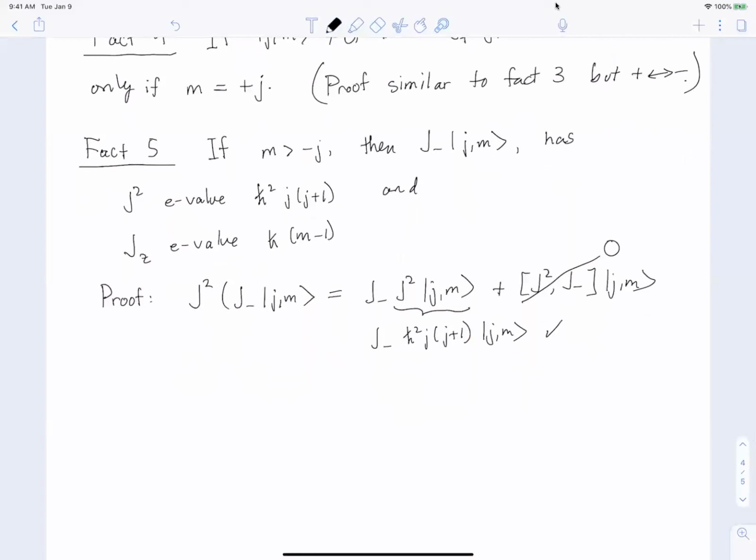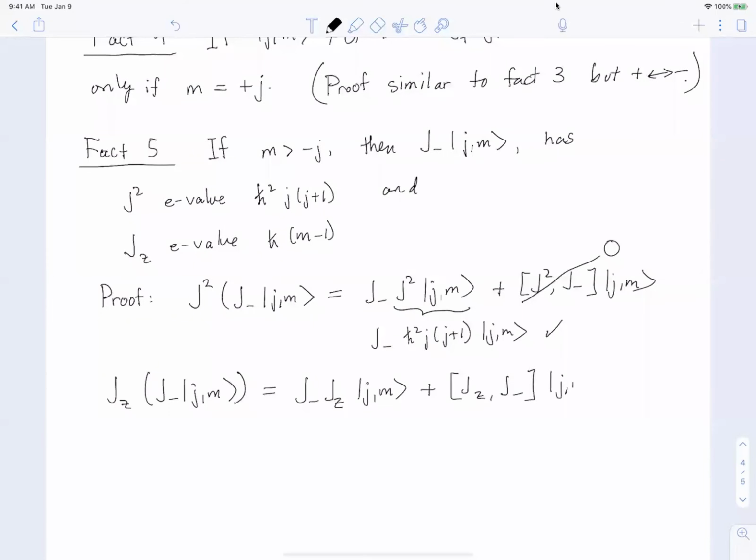And then the harder part is the j sub z eigenvalue of this thing. J sub z acting on j minus jm is equal to j minus j sub z acting on jm plus the commutator of the two. Okay, and the first one is h bar m j minus.